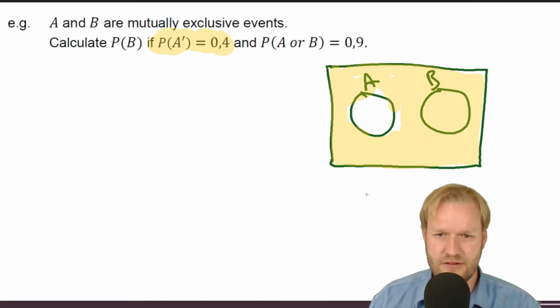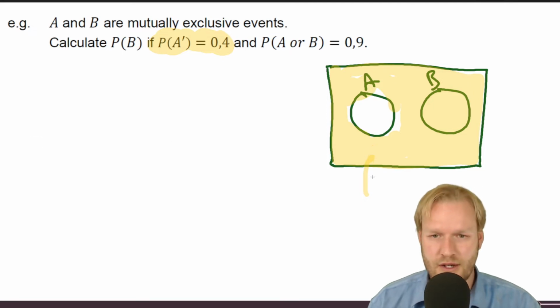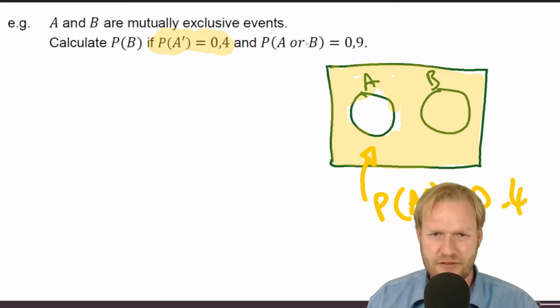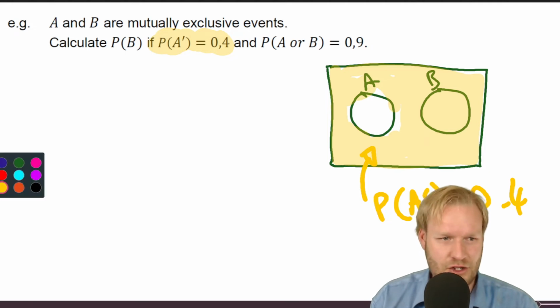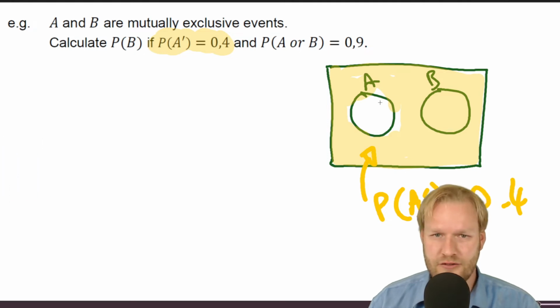All of that yellow stuff there, the probability of not A is 0,4. The probability of A or B, let's highlight this in purple, is 0,9.